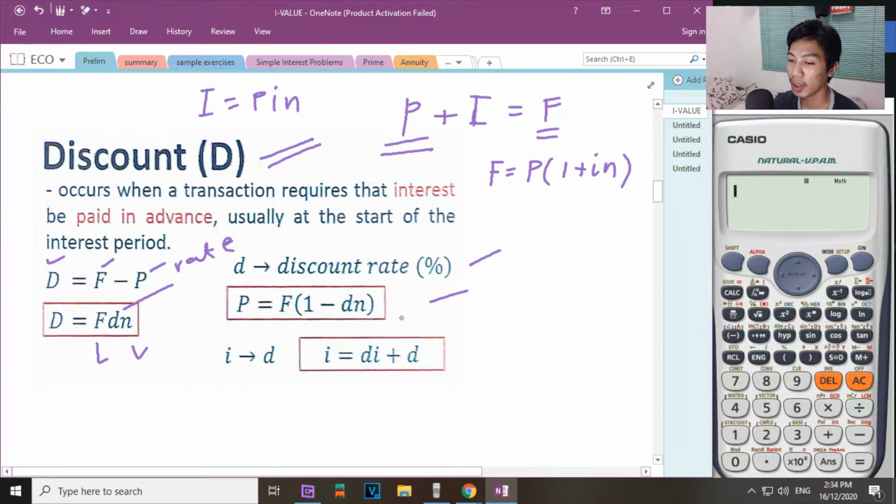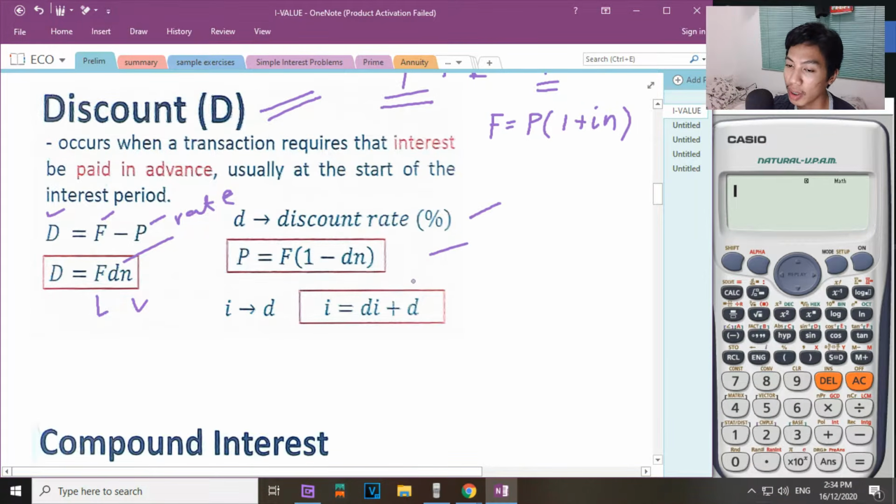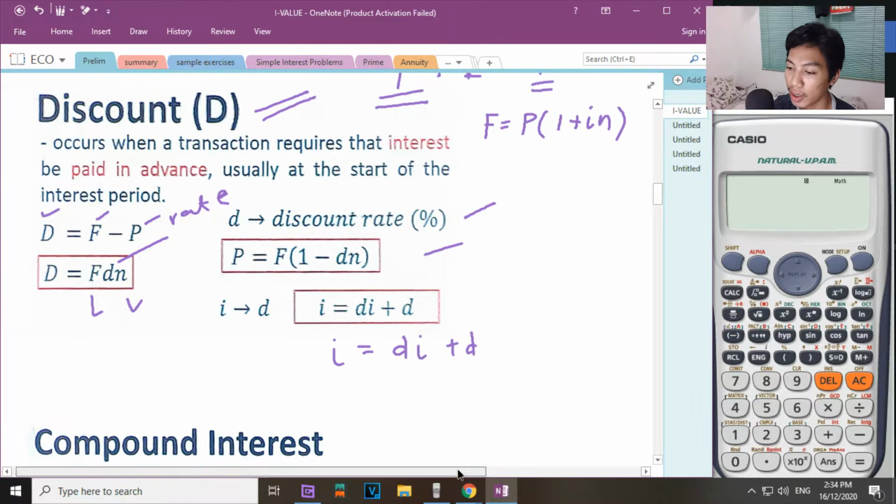Yun. So, paano makuha yung interest rate? Okay. Now, the interest rate is equal to the discount rate divided by 1 minus the discount rate. Ngayon, paano makuha yung discount? Sir, madali lang yan. Okay? Yung discount is equal to, punta tayo dito.